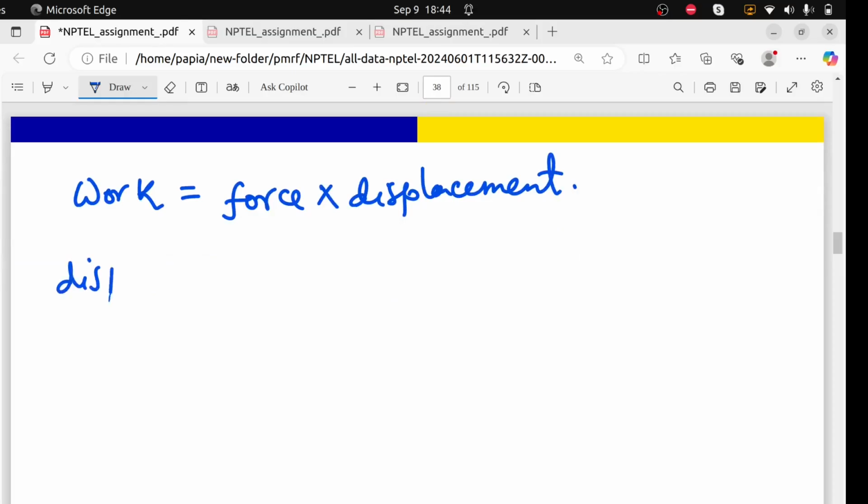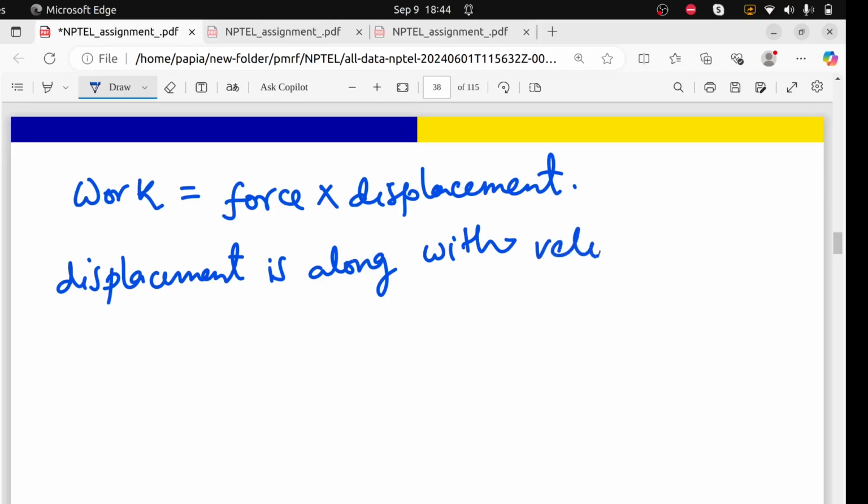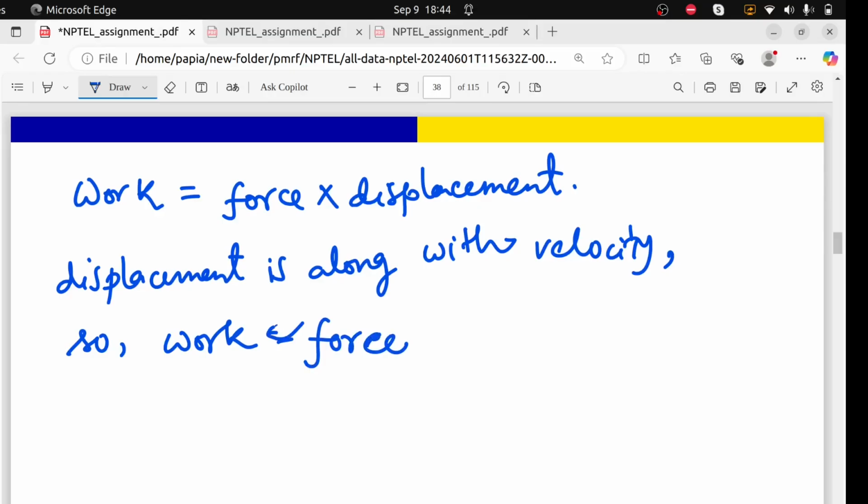Now, displacement is along with velocity, okay? So work will be proportional to force into velocity vector.